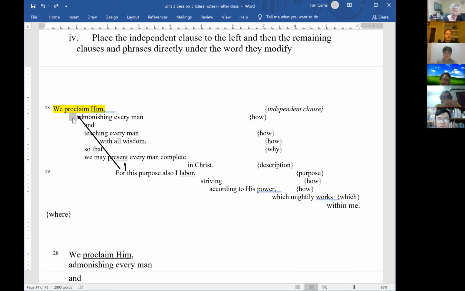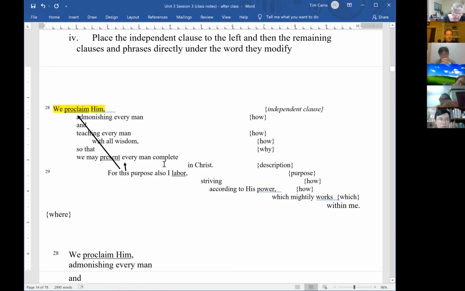All right, so that's what I reflect in this diagram. Okay, just cleaning this up a little bit, and then we can talk about if you have any questions.